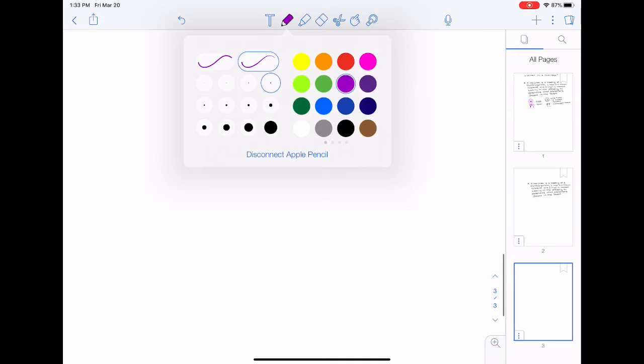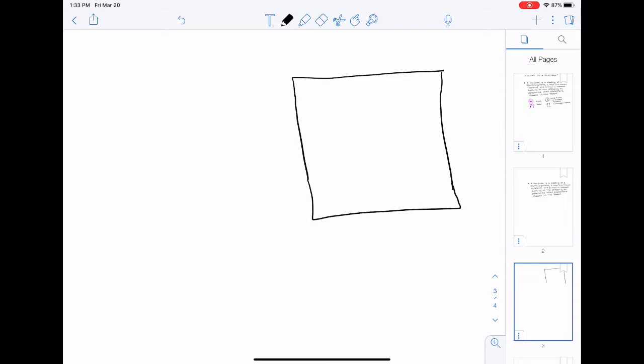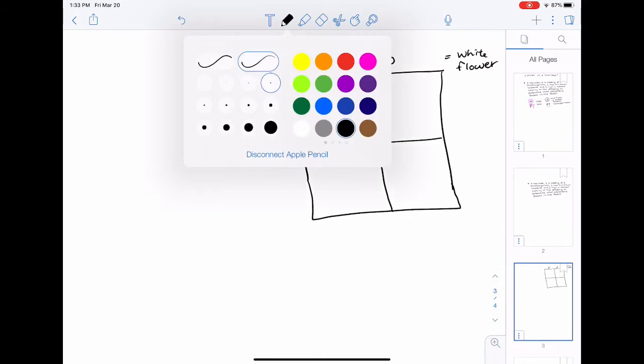He crosses these two; he breeds them together. If I set up a Punnett square to represent what he's doing, he's going to breed the known, his white flower, to his unknown flower.